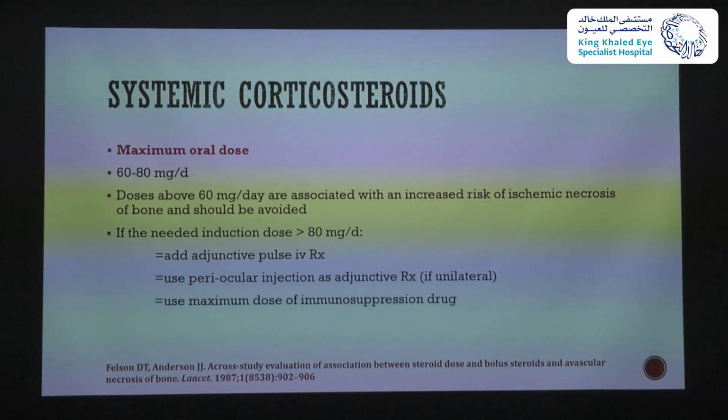But if the patient needs an induction dose of more than 80 milligram, like an obese patient, we can bypass this precaution by adding adjunctive pulse IV treatment, or we can use periocular injection as adjunctive treatment in cases of unilateral uveitis, or we can use the maximum dose of the steroid-sparing agents.